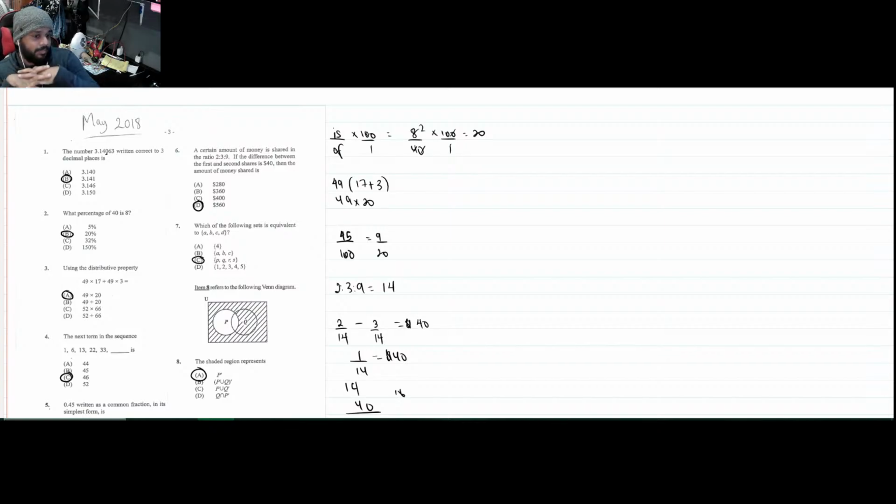Right, I have time to probably do just section 1 of paper 2. What I can do, I could just leave out number 1, number 2. Nah, that was the 2018 paper 1 for June.